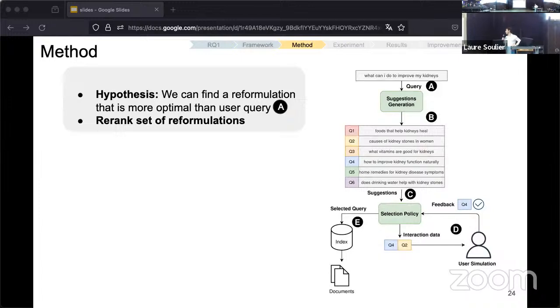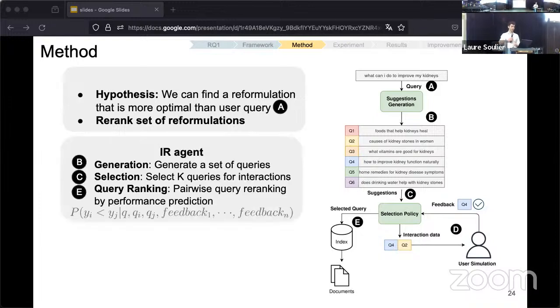For the method, the hypothesis is that we can always find a reformulation, a query that is more optimal than the original user query. So we consider the IR agent, which is divided into a generation process. First, given the user query, we generate a large set of queries.